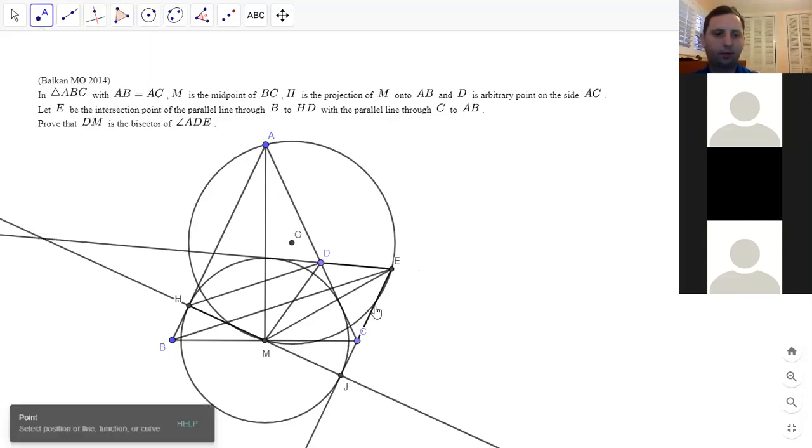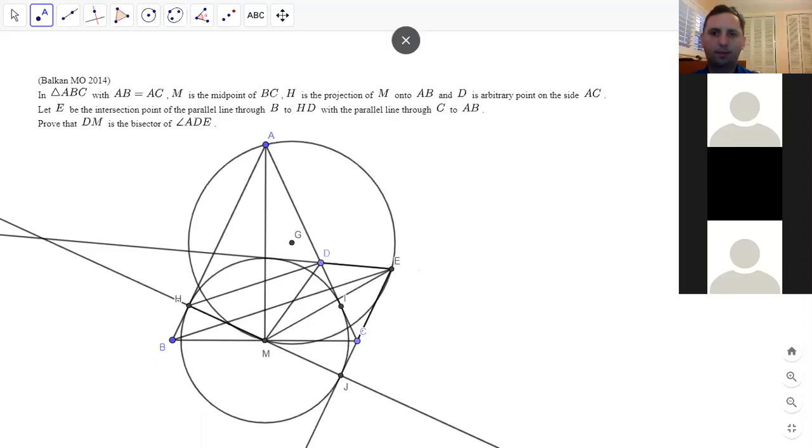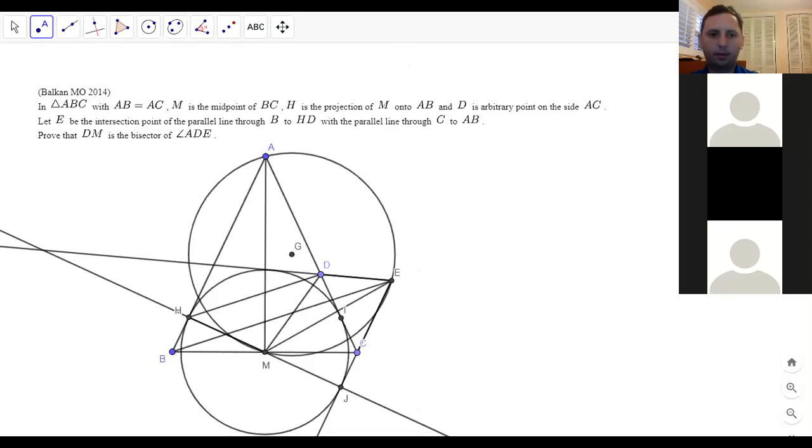Yeah, there's a couple of equivalent ways of seeing it. Let's see, distance from M to AC. We already have that because M is the midpoint of BC. So if we drop a perpendicular from M to AC, then it's, oh, okay. So it has to be.